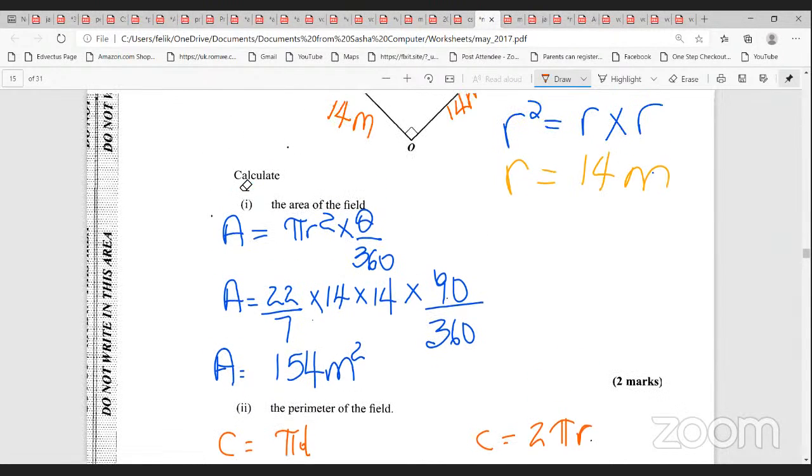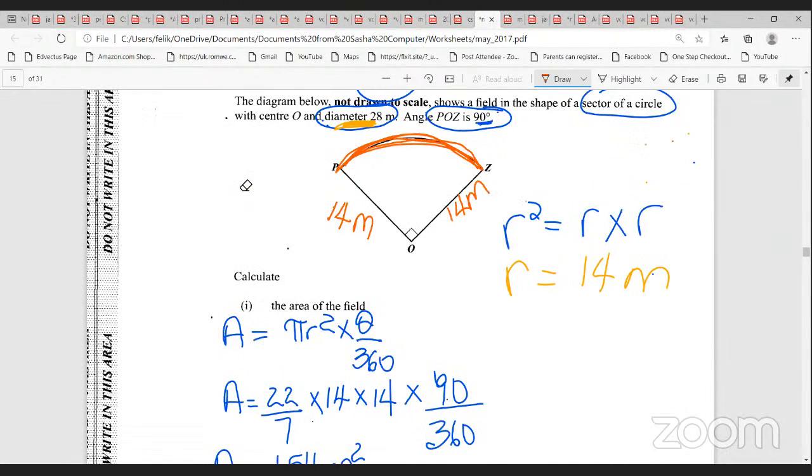All right, looking at this diagram that we have, is it the entire circle that we're finding the circumference of? No, ma'am. All right, so it's part of the circle.